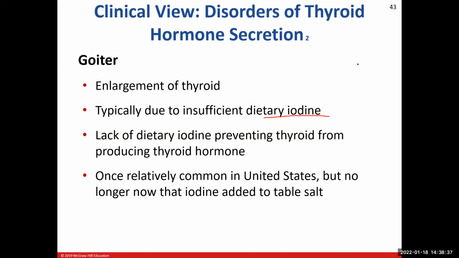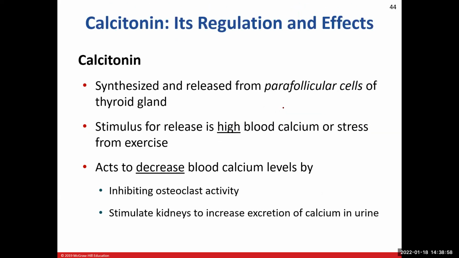But normally what we'll see is people are not taking in enough dietary iodine. And so the thyroid gland is going into overdrive. It is just trying to make as much. And so it's growing, it's hypertrophy.